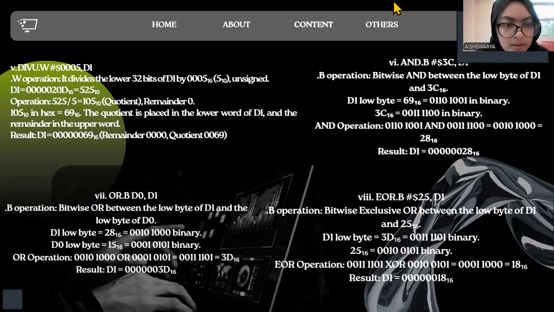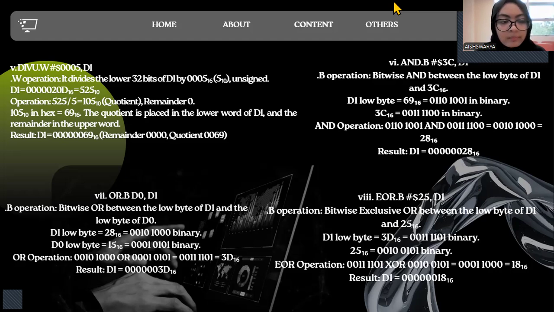The quotient is placed in the lower word of D1 and the remainder in the upper word. The result is D1 equals 00000069.